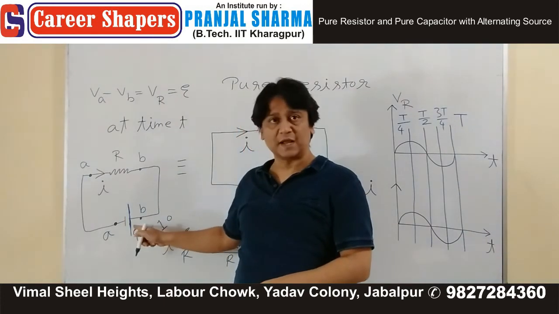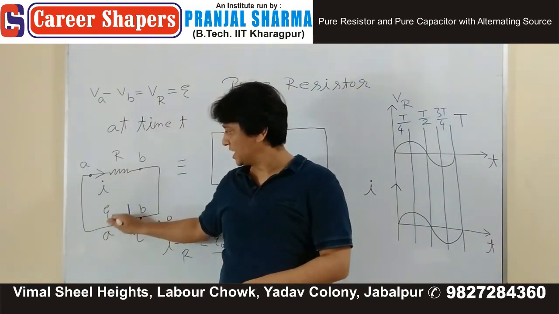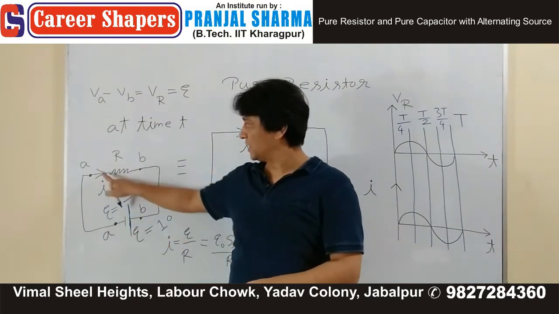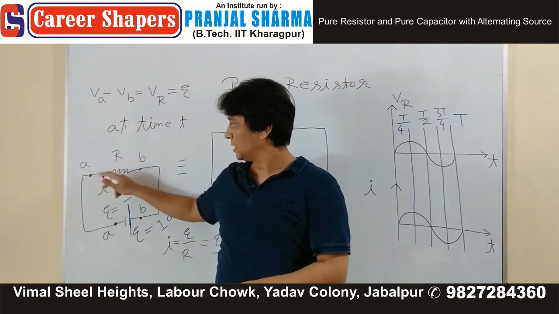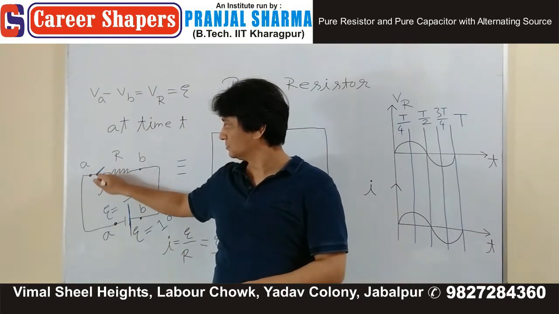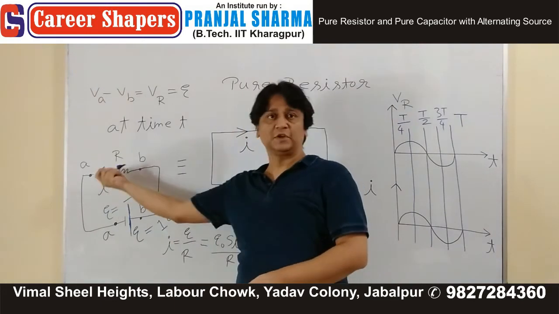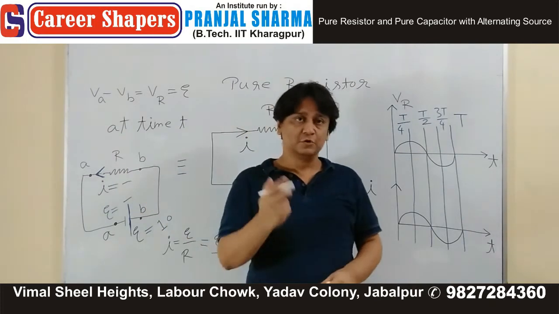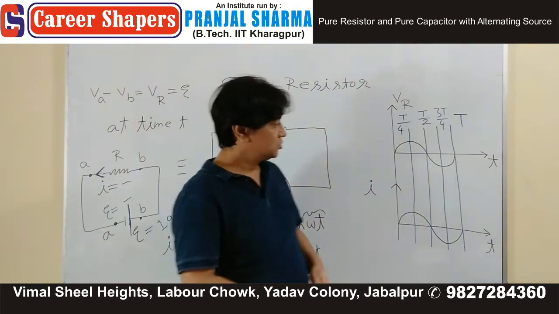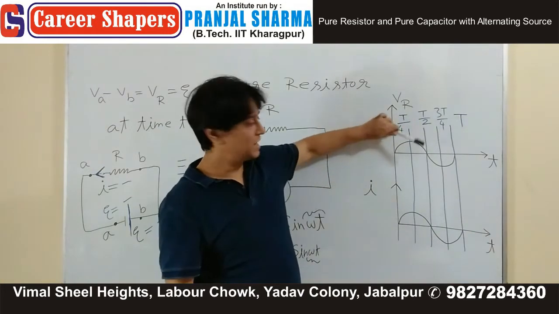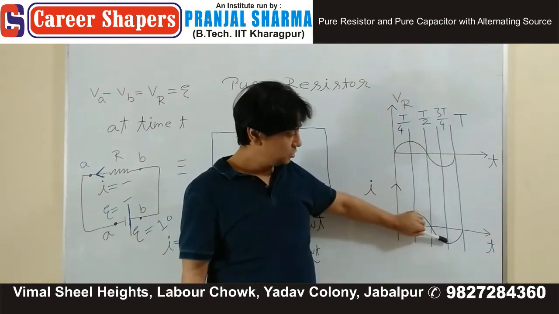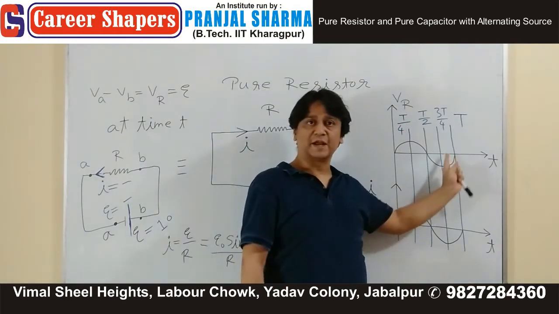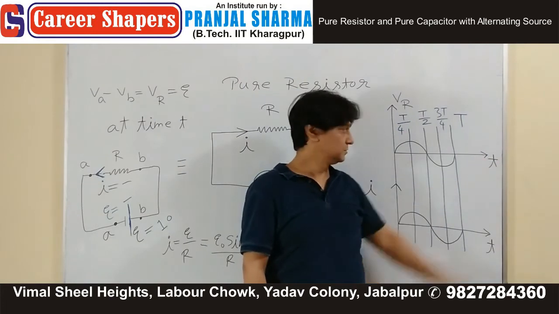And if it operates like this, then for us this type of EMF will be negative. If you have a battery like this, then current will flow in this direction. So if this current was taken positive, then this current will be negative. So negative means simply the direction part. So when your EMF or potential difference is negative, current also becomes what? Negative. And after capital T, you know that this sine curve is going to repeat itself again.